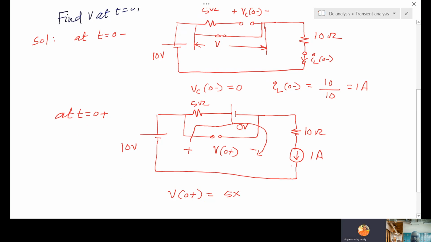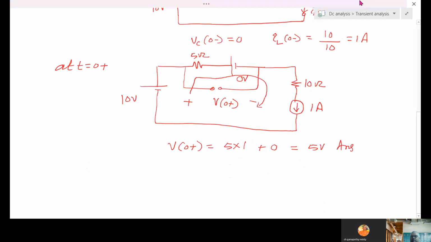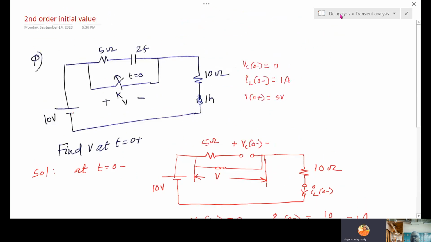Here already 1 ampere is there, no? Entire loop, 1 ampere only will flow. So 5 into 1 plus that voltage, anyway 0. So what is the answer? 5 volts. This is a simple problem.